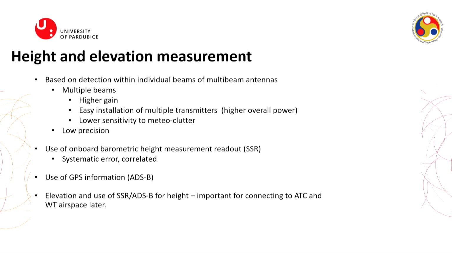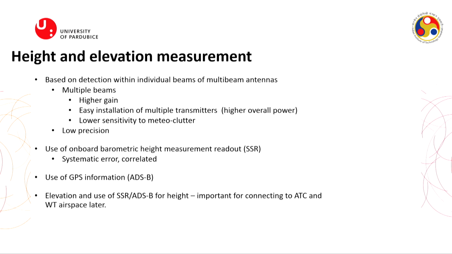Okay, what about height and elevation measurement? Height and elevation measurement is not easy with a single beam antenna, but it is usually based in 3D radar with multiple beam antennas. What does this mean? That I have not one beam transmitting, but multi-beam. And from comparison of the results, imagine one beam is this, one beam is this, next this.